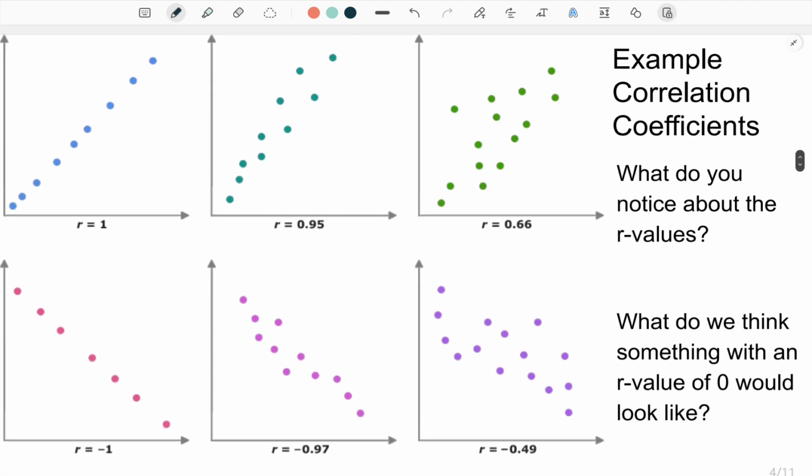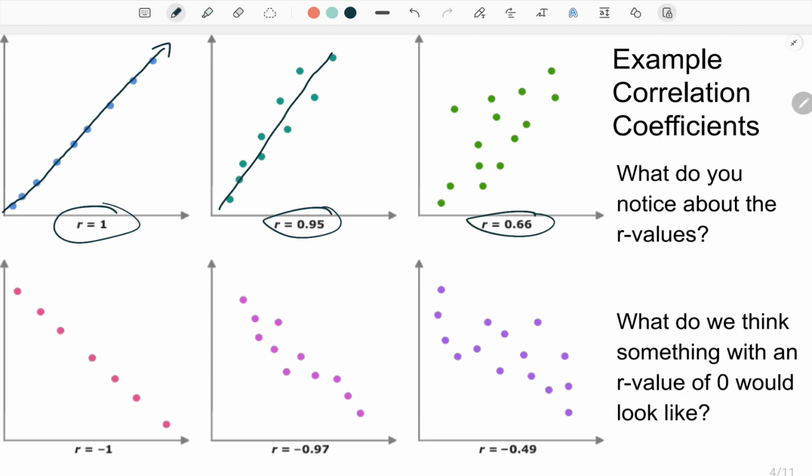Here are some actual example correlation coefficients. What you'll see is we have this correlation, a perfect line. That actually has an R value of 1. And then as we go from left to right here, pretty good trend, R value 0.95. And not as much of a trend, 0.66.